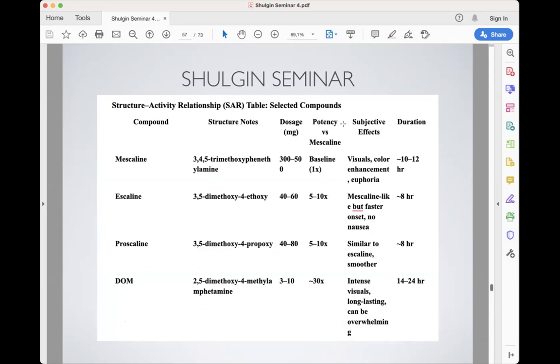So this is the first paper of Shulgin that describes those homologs of mescaline, like proscaline and escaline, right? According to my knowledge.